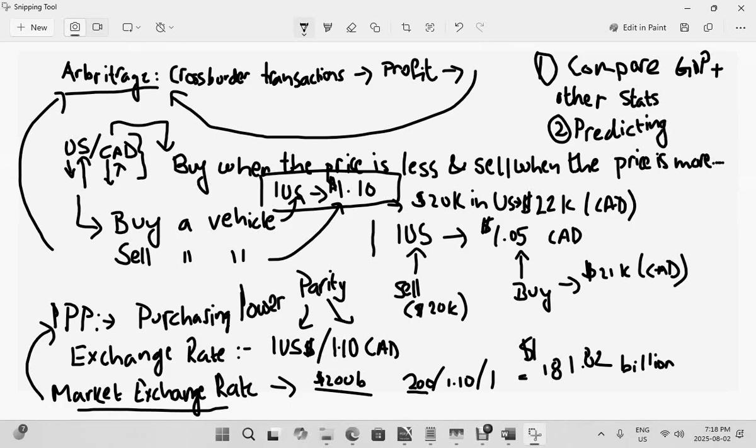You're trying to buy something, as a result of which you need to figure out what the exchange rate will look like in the future. So you may have to use your market exchange rate, predicting your exchange rate patterns.